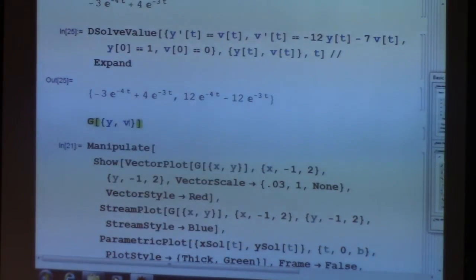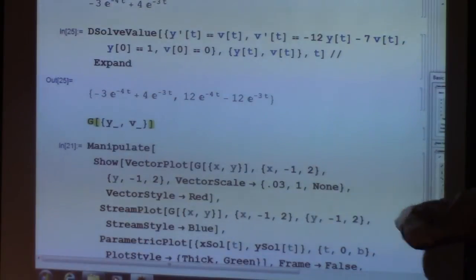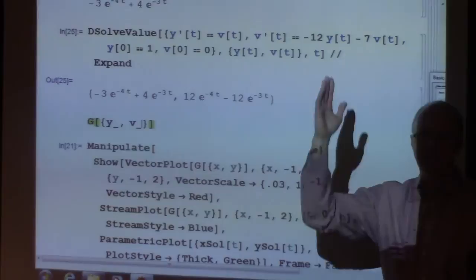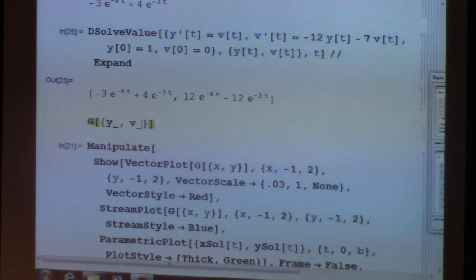And don't let it confuse you. The horizontal axis here is going to be a y-axis, because y comes first. And the vertical axis is going to be a v-axis. The velocity, v, comes second. So it's a little confusing that way.